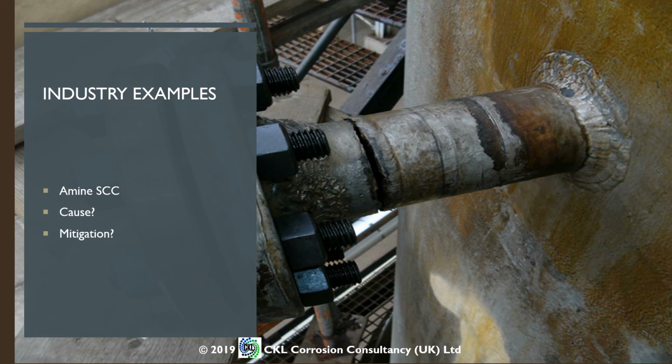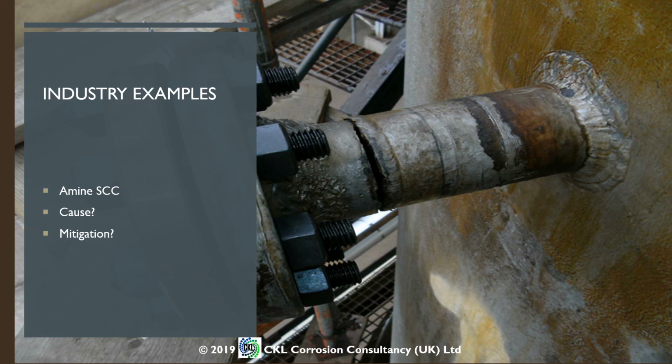This is a carbon steel nozzle in a carbon steel column, and this is in amine service. So typically these days we would post-weld heat treat, so we'd stress relieve carbon steel that was in amine service, but this column had been in service for 20-30 years and therefore this cracking phenomenon wasn't really a major issue at the time, and it wasn't something that was incorporated within the design.